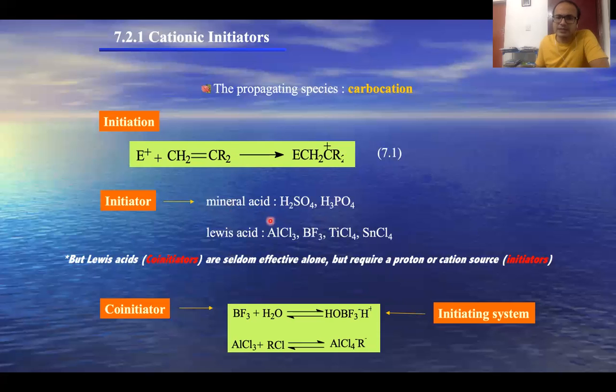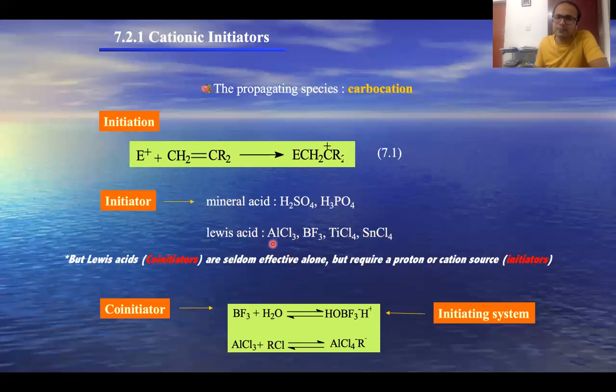So apart from mineral acids, we can have Lewis acids also acting as initiators. But often when we use Lewis acids, they cannot be used directly to activate a monomer; they require a certain proton source or a cation source to act truly as an initiator.